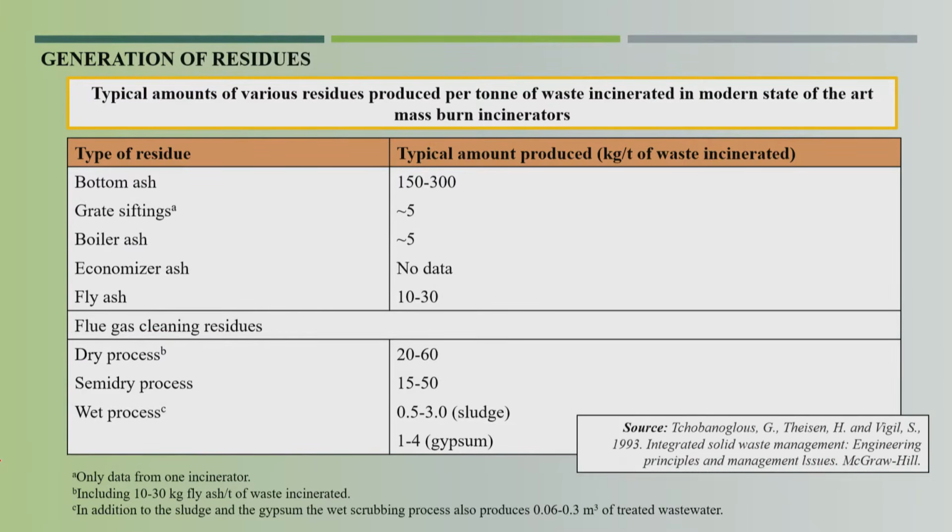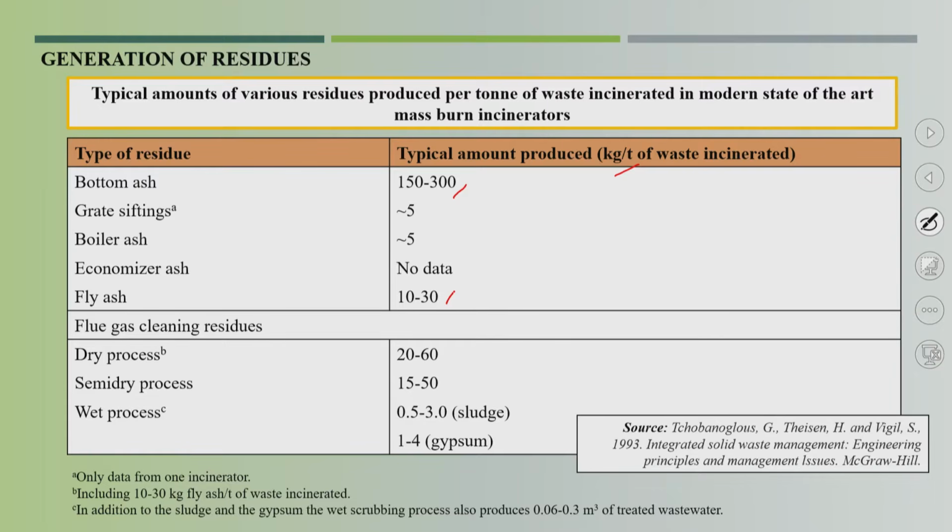Now, generation of residues, the quantity, that is the important one. This is a very good book to read about incineration facilities. Here you see the typical amount produced, in kg per ton of waste incinerated. The bottom ash is 150 to 300 kg, and the fly ash is 10 to 30 kg per ton of waste incinerated.